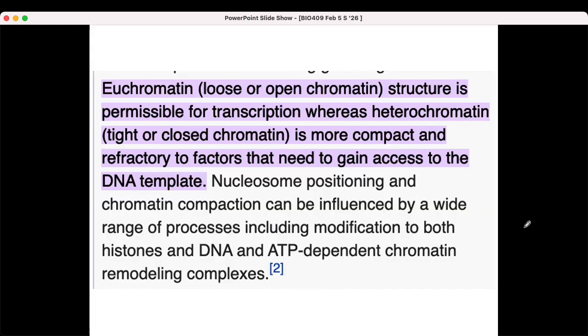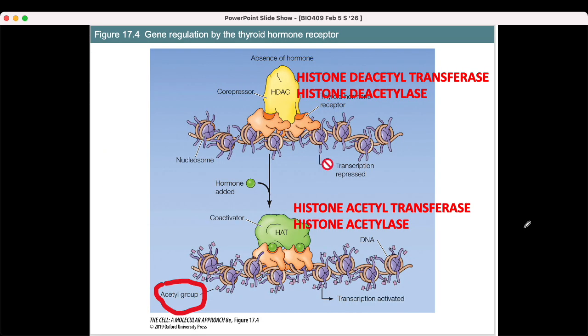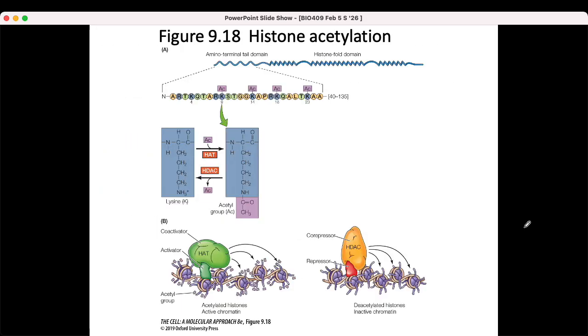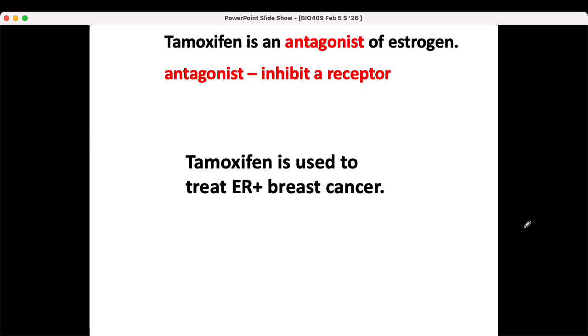Yep, okay. So, chromatin and histone acetylation, like that, okay? Great. So here's just this little image of the actual covalent bond of the acetyl groups, just some details on that. Here's another example we want to talk about as we talk about chromatin remodeling: the estrogen receptor.